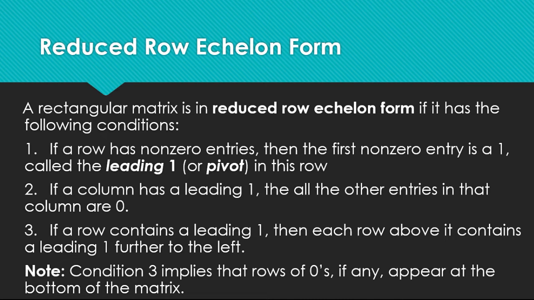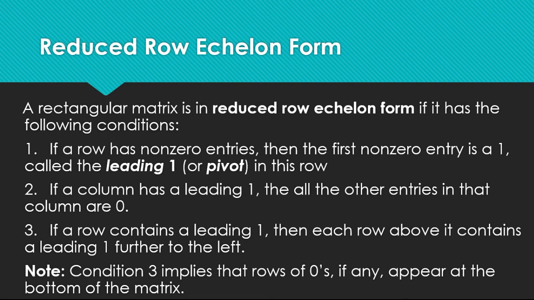The second condition: if a column has a leading entry 1, all the other entries in the column are 0. So if in the first row the first entry is a leading entry, a non-zero entry, then below that entry all the entries will be 0.